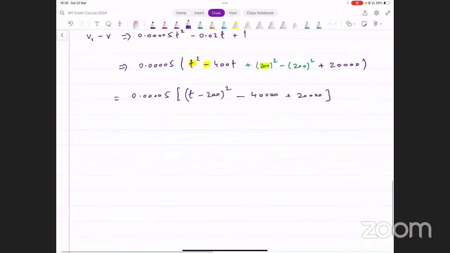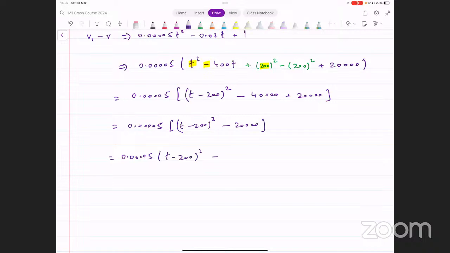Let's simplify this and see what that gives us. 0.00005 into t minus 200 squared minus 20,000. Now we multiply the number outside inside, and you get 0.00005 into t minus 200 whole squared, minus 20,000 into 0.00005, and that's giving me 1, so minus 1.